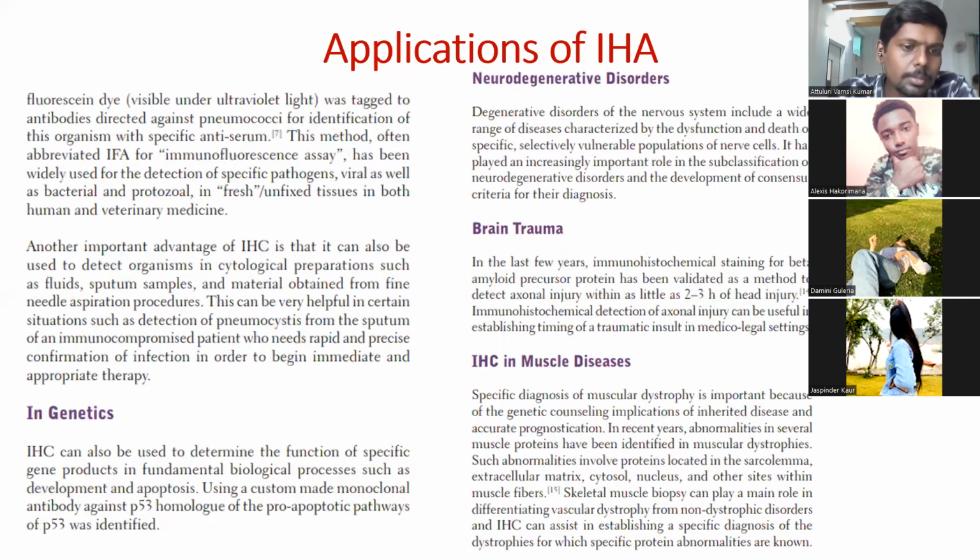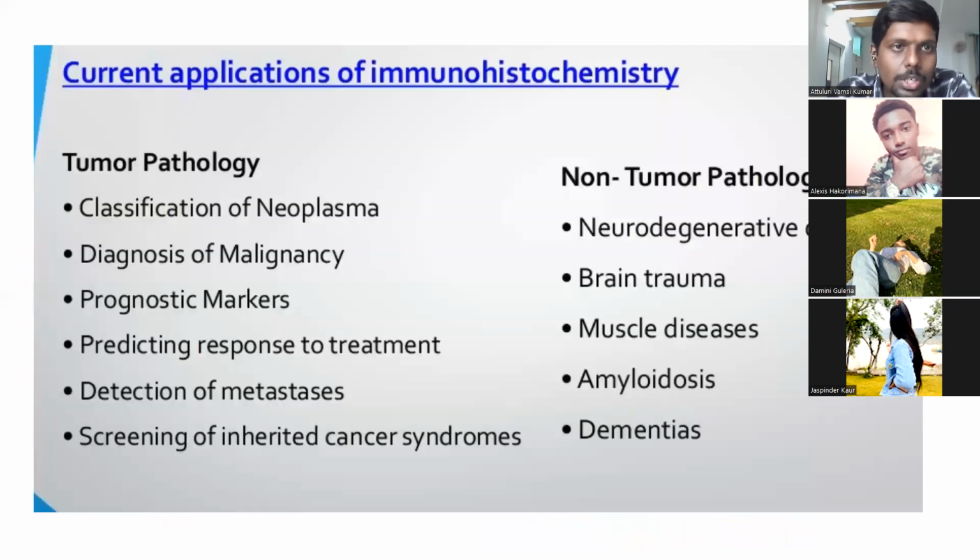In genetics, we can locate genes of interest depending upon the criteria. We can also use immunohistochemistry for the study of neurodegenerative disorders such as muscular dystrophy. We can also study brain traumas, and even muscle diseases. So these are a few applications of immunohistochemistry.